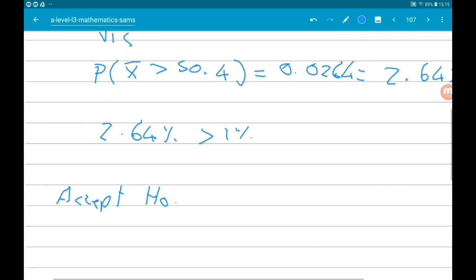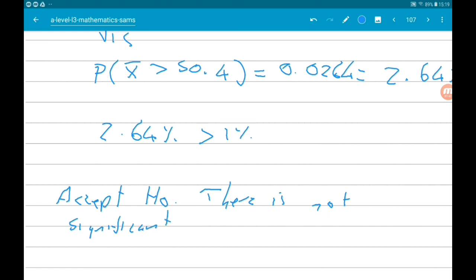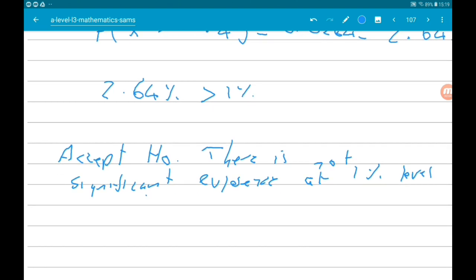So we should say there is not significant evidence at the 1% level that the mean length is greater than 50.1.